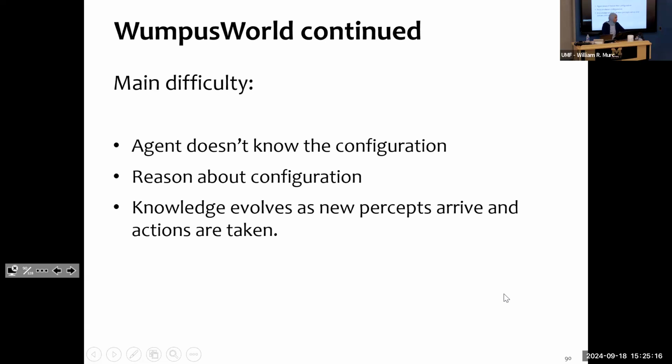Because the environment is not fully observable, each time he can only decide based on the information in the adjacent rooms. So he doesn't have full access to what is, for example, in the next room. I don't know what's here, I don't know what's here, I don't know what's here.